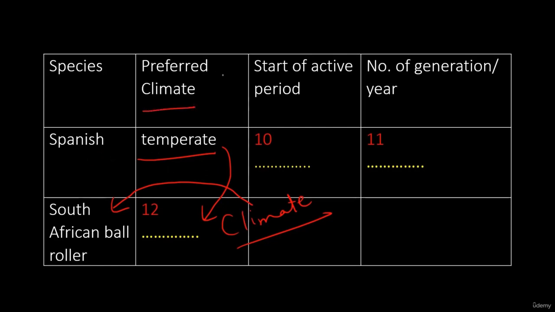Going for the second one, that is the second column, start of active period. Now when I say active period, not just the way it provided information in temperate in the previous case, here it must be some kind of time. Number of generations per year, that means it must be a number here. You're getting my point here, right? I mean what I'm trying to say here.